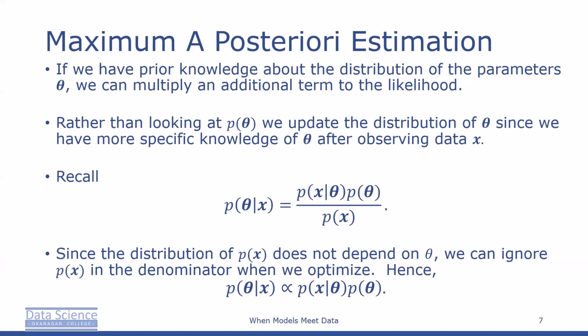The idea of including prior knowledge about where good parameters lie is widespread in machine learning. An alternative view, which we saw in the previous video, is the idea of regularization, which introduces an additional term that biases the resulting parameters to be close to the origin.